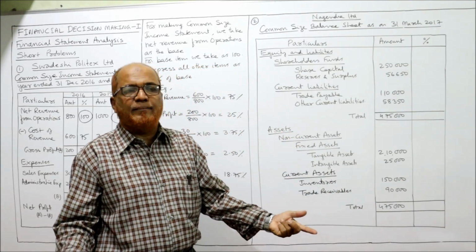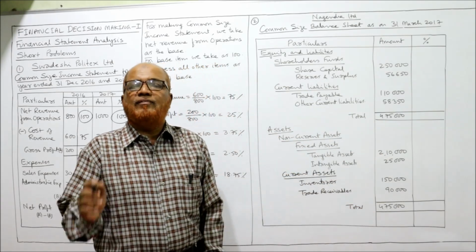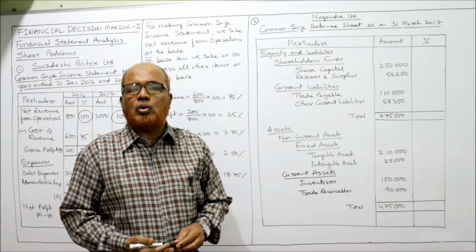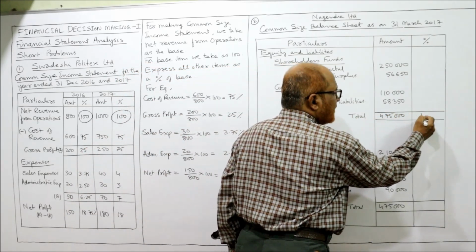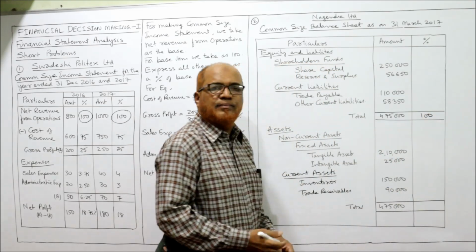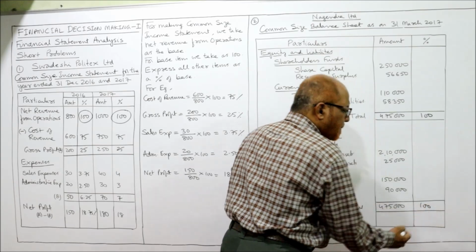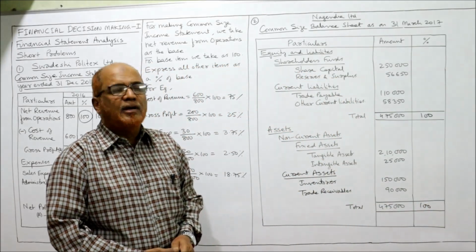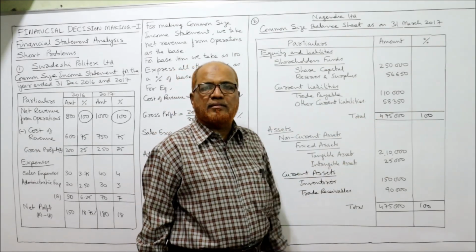Balance sheet is tallied. This is the total of liabilities and this is the total of assets. We take the total of liabilities or total of assets as 100%. So this 4,75,000, I am making it as base. Here also 4,75,000, I will take it as base, 100%. Now express all these values as a percentage of base.